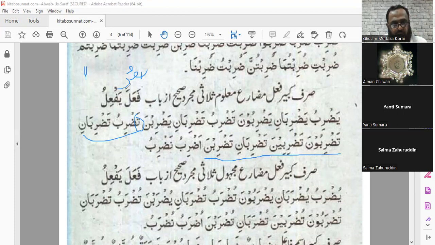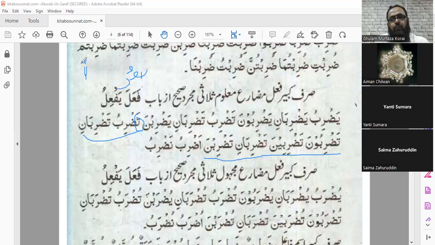Now remember this thing. After dropping alamatul muzare, that is ta, because we are discussing only Amr Hadir Ma'loom, we will bring Hamza Wasli. Now, what kind of harakat is to be given to Hamza? In case the Kalimatul Ain is mazmum, like Tansuru, Taqrumu, Tadkhulu, Takhruju, Tatlubu, then Hamza Wasli will be mazmum.